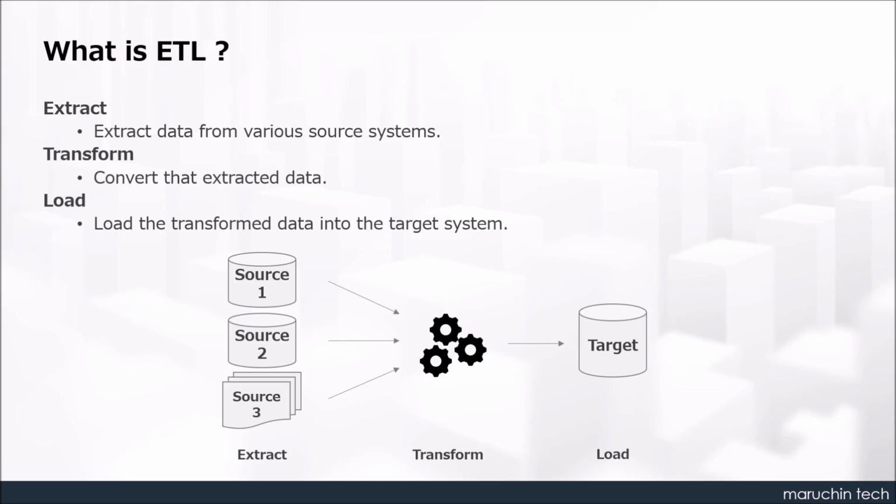Transform refers to converting that extracted data into a format suitable for the target system. This includes data cleaning, filtering, and aggregation. Load refers to loading the transformed data into the target system. By combining these three steps, we process data into its optimal form. Also, by automating this sequence as a data pipeline and scheduling it, we can process data with minimal human intervention.